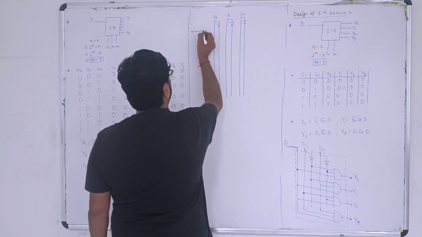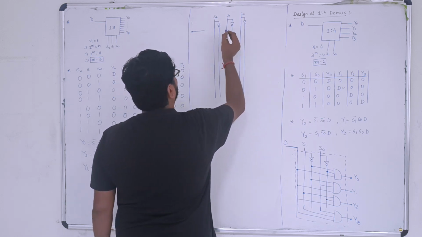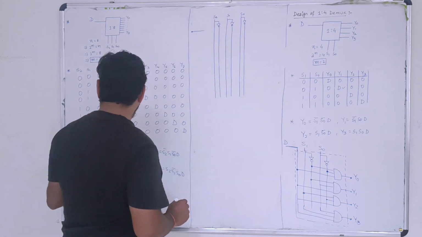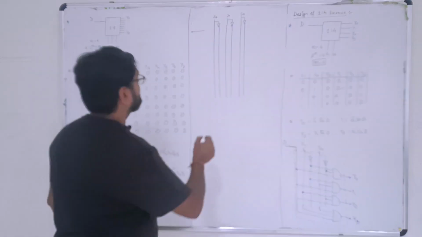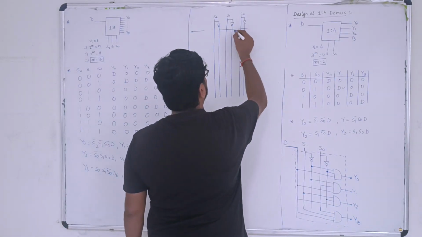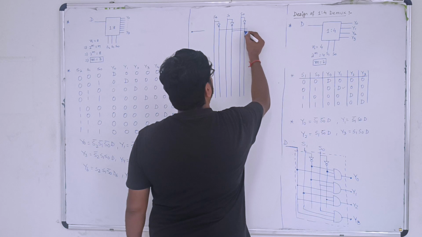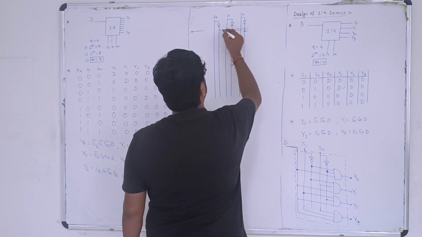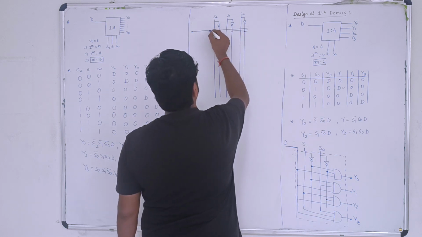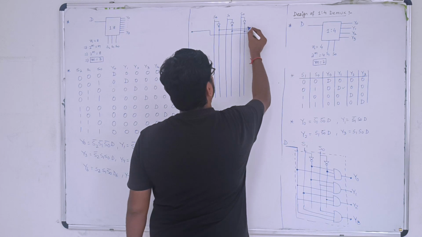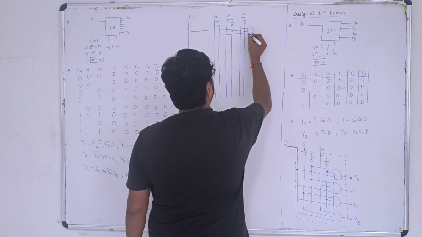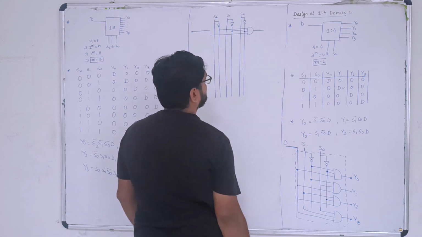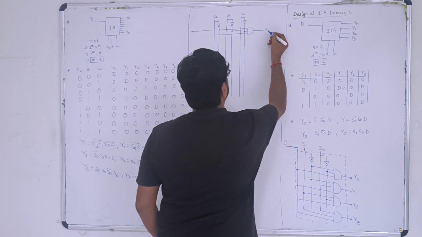I'm taking this D line like this. Now after that, the first one is S2 bar, S1 bar, S0 bar. So just take the bar from every input, put a dot so that it can be easily visualized. Take D from here, connect this to a 4 input AND gate. This is the first output, that is Y0.